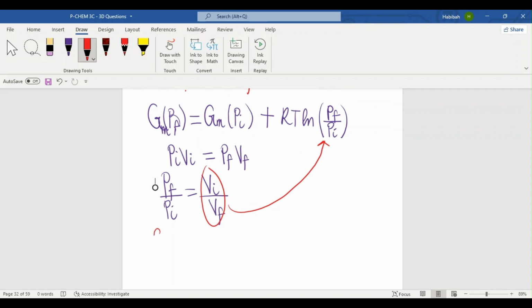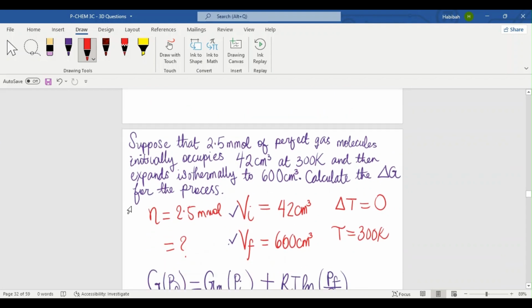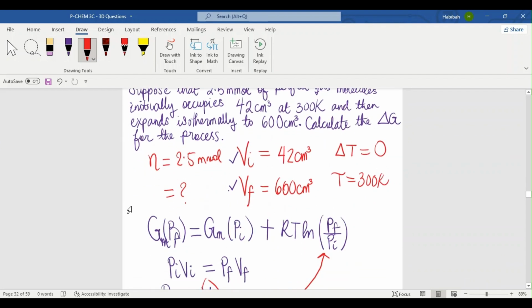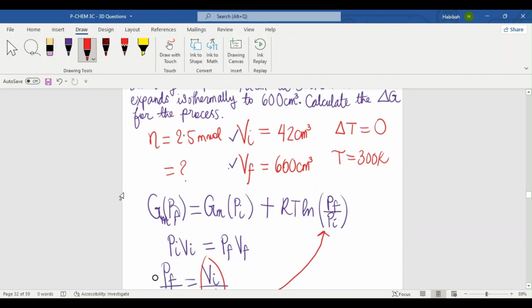Now we have the molar Gibbs energy at the final volume equals the molar Gibbs energy at the initial volume plus RT ln V initial divided by V final. Now, we were not asked to find the change in molar Gibbs energy; we were told to find the change in Gibbs energy.